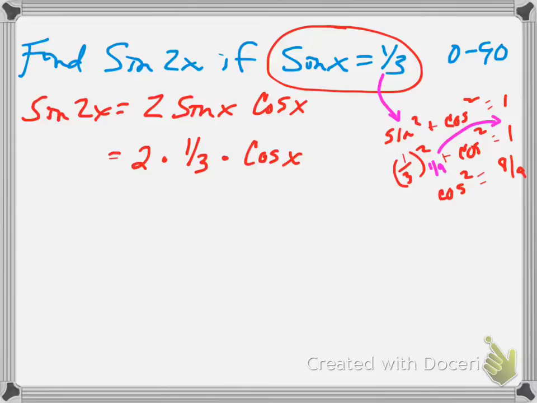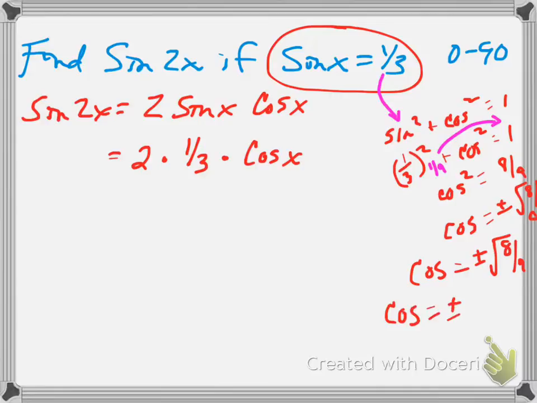Square root. Sorry. No, you're fine. I didn't want you to try. So now I have cosine equals plus or minus root 8/9. We need to simplify that. Square root of 8 is 2 root 2.